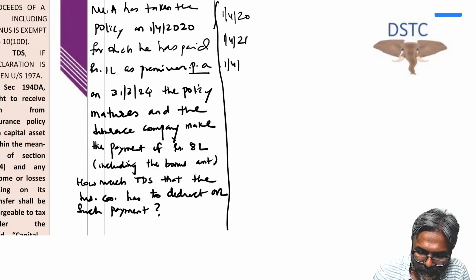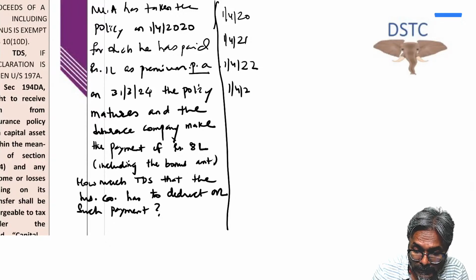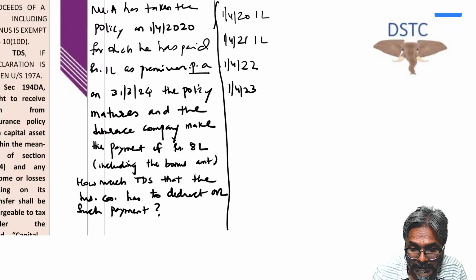First premium was paid on 1st April 2020. Second would be 1st April 2021. Third is 2022. Fourth is 2023. Fifth is 2024. No. The total premium paid in this case will be 4 lakhs.